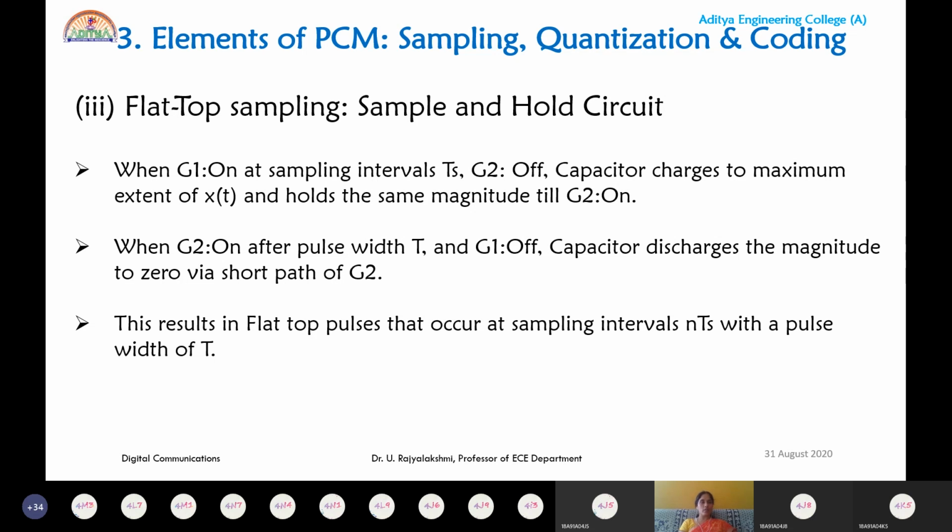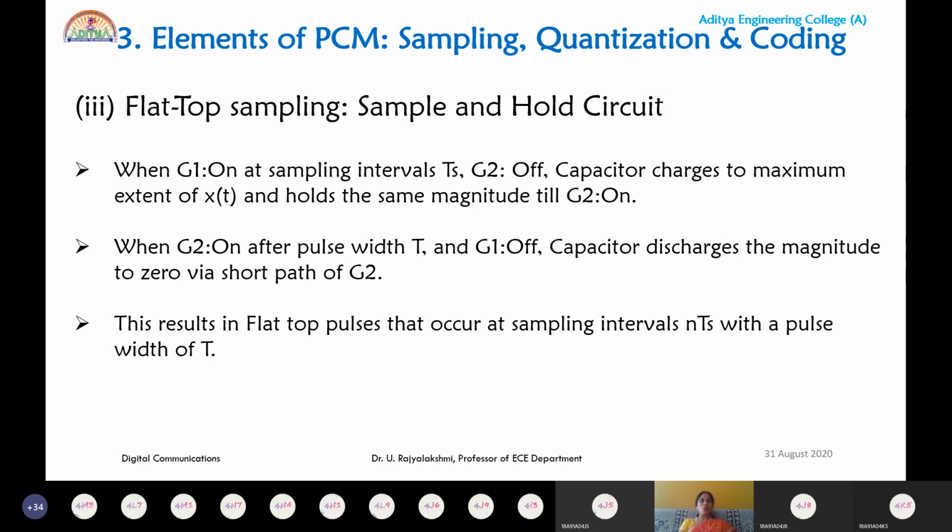This kind of varying amplitude is not compatible with digital communication. So that's why we are going to make use of flat top sampling. This sampling technique will generate pulses of constant amplitude.